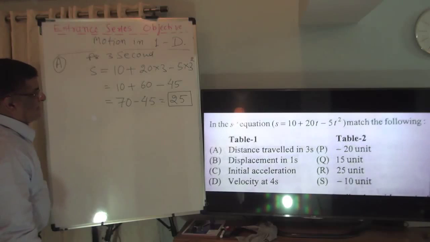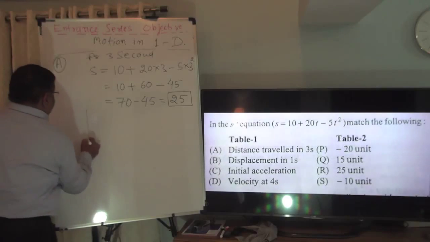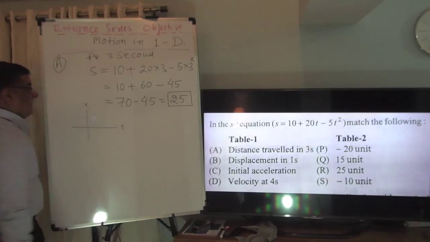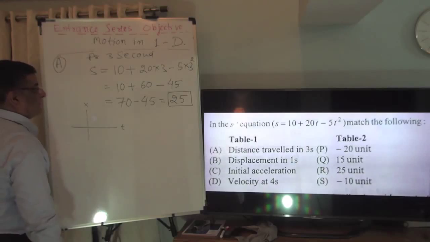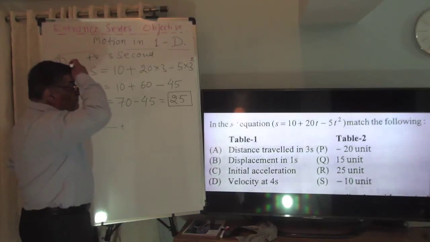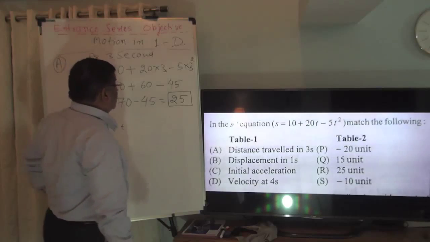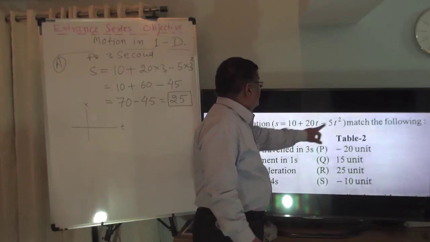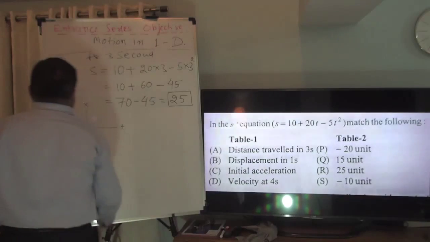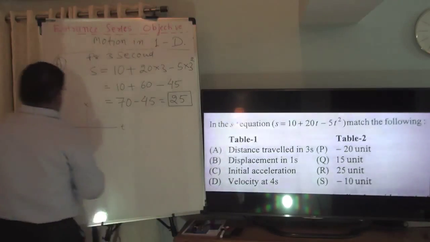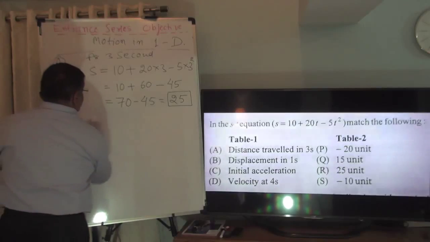Now let us check it again in the graph. This is xt graph. When the time is equal to 0, what is the position? Time is equal to 0, and the position is 10. Okay, I will make it this way.